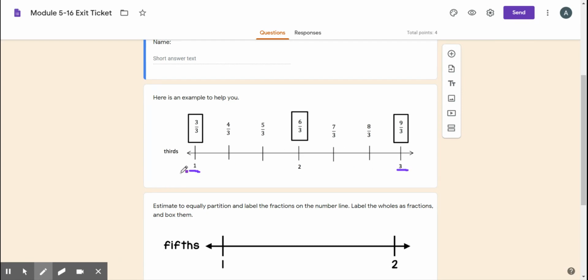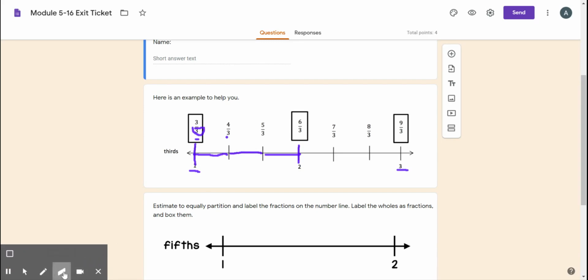And in this case, if we just look at between 1 and 2, our number line is broken into 3 pieces. So here's 1 piece, 2 pieces, 3 pieces. So our denominator is 3. So you can see that each one of these fractions has a denominator of 3. It does not change. So then we know that we're counting by thirds.